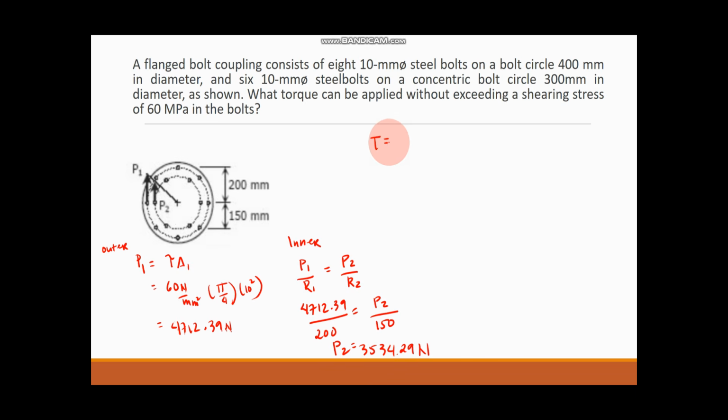So the torque is equal to, for the outside circle, 4712.39 multiplied by 200, multiplied by 8 pieces, plus for the inner, 3534.29 multiplied by 150 multiplied by 6 pieces.